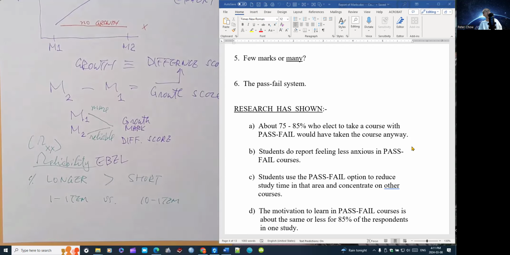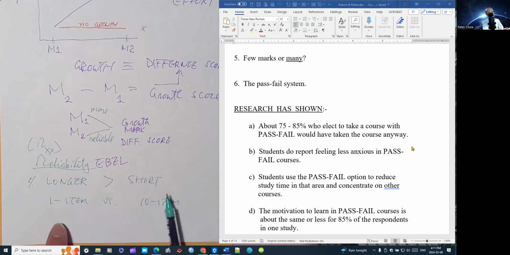Tell me, which one, let's say all the items are measuring the objectives, of course this one will give you far more information about this examinee than this one here. So if you apply this logic to reliability, you will understand that the longer a test is, the more reliable it is than a shorter one.